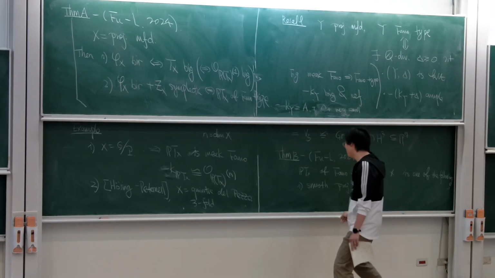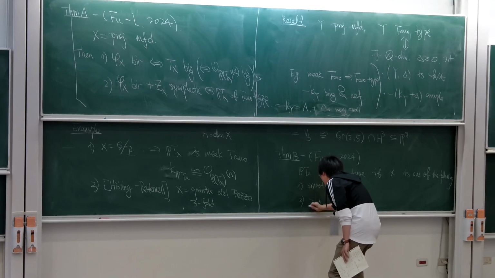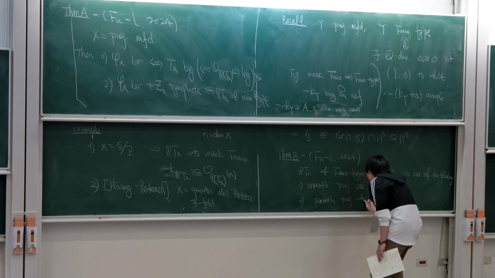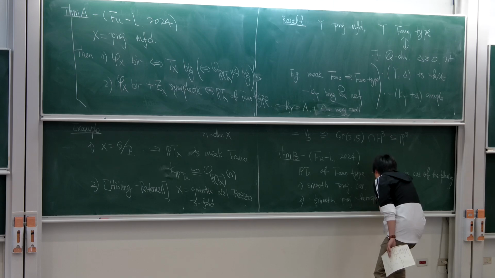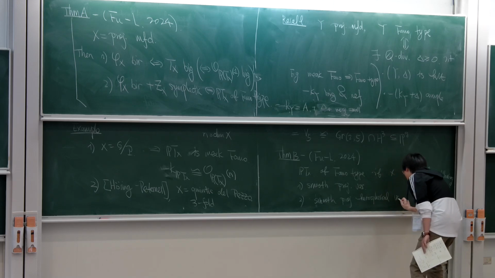And another example we can find is the so-called horospherical projective variety with small boundary.